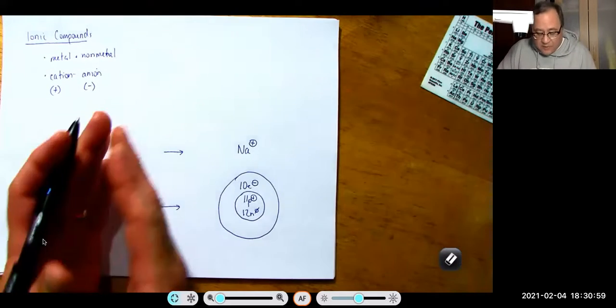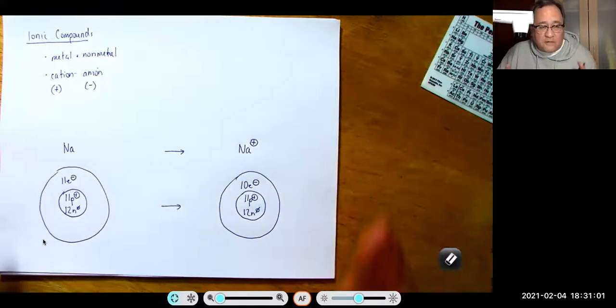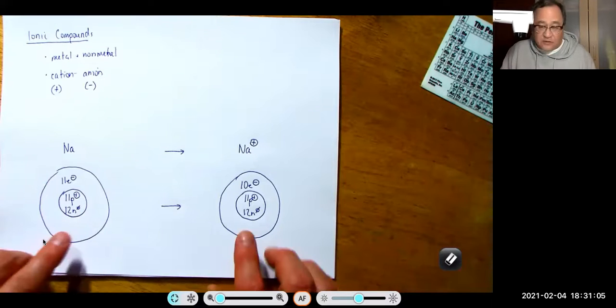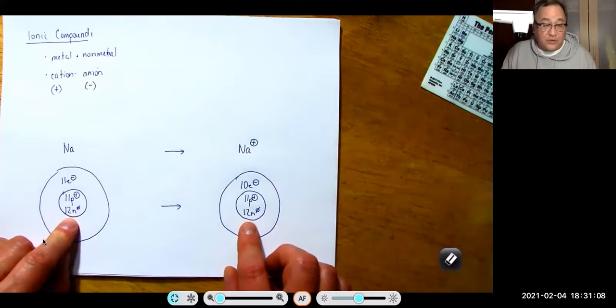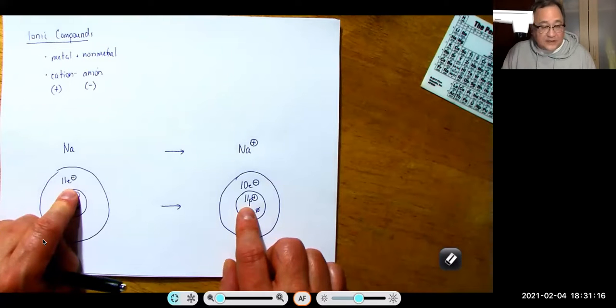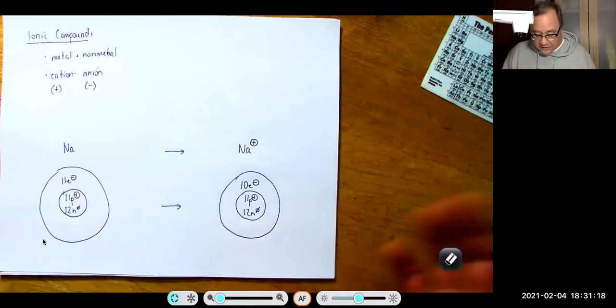Now, whenever we write a reaction, we like to account for all of the matter on the left and the right. Can you see that we have 12 neutrons and 12 neutrons, so neutrons are accounted for. 11 protons and 11 protons, so 11 protons are accounted for. But we have 11 electrons and only 10 electrons, so where's the other electron?